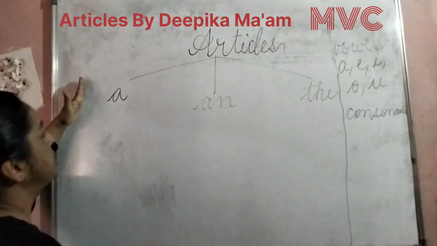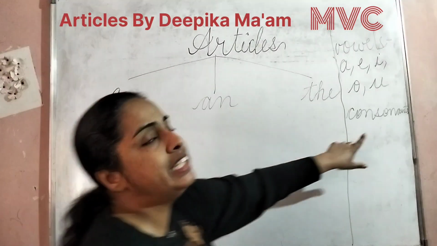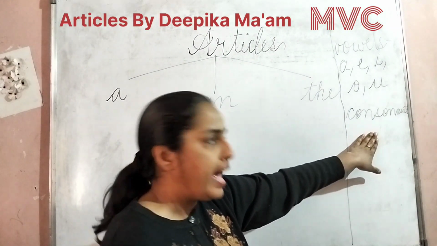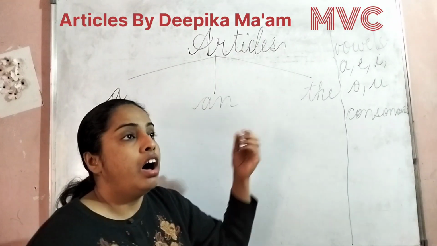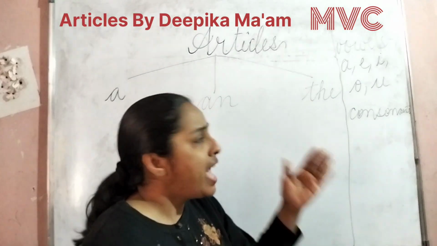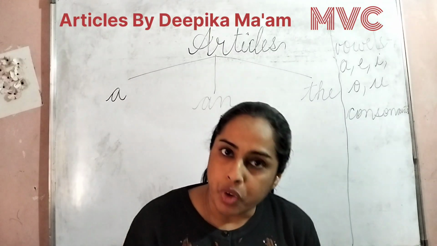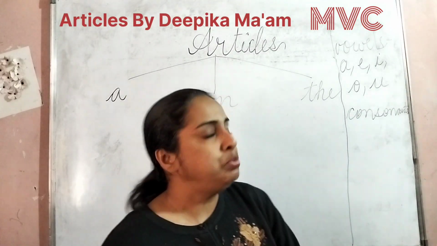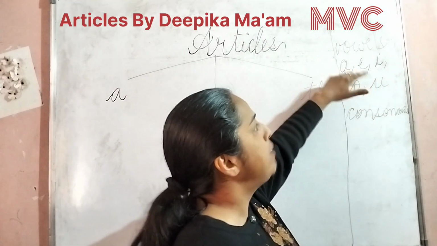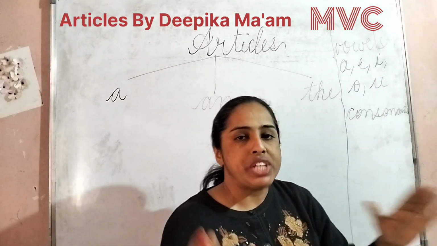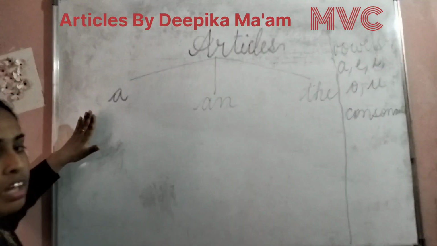A is prefixed before a consonant, always before a consonant sounding word rather, like a boy, a girl, a hat, a house, any word which is starting from a letter except vowels. Okay? Except A, E, I, O, U sound, whichever word starts from other letters will be prefixed with a.